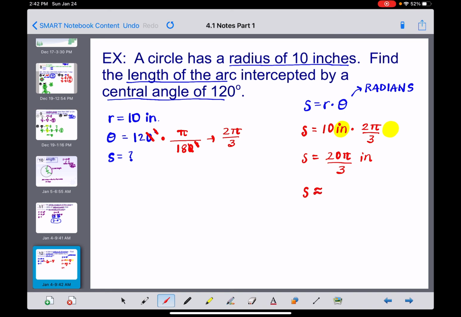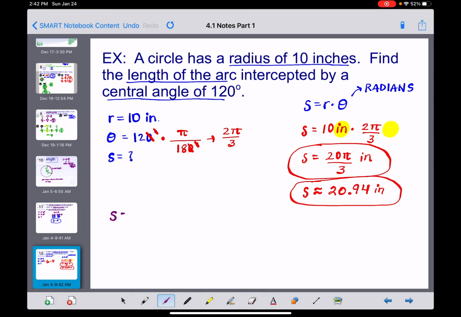Then it will ask for a decimal approximation rounded to whatever it says. So you would just take 20 times pi, divide it by 3, and you would get 20.94. Remember, pi is approximately 3.14, so when you divide it by 3, it's close. Now, guys, let me just show you what would happen if you forgot to convert.